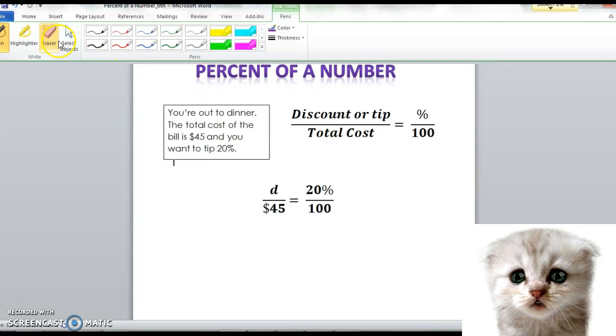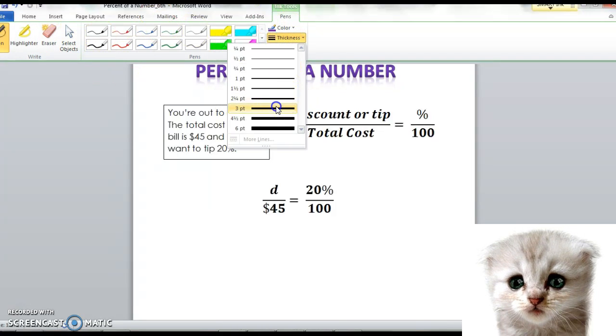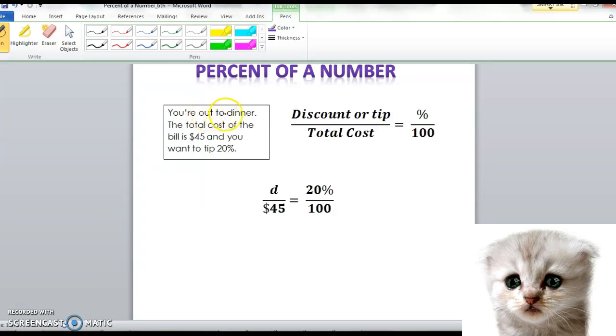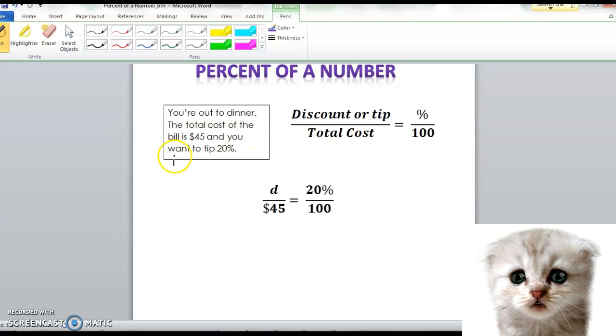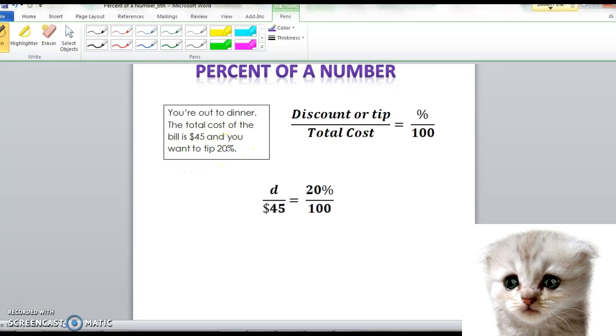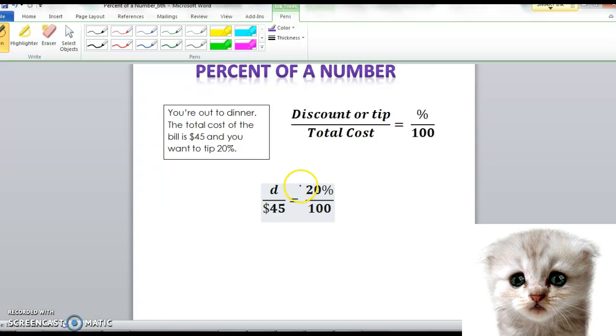In my example of my graphic organizer, it says you are out to dinner. The total cost of the bill is $45 and you want to tip 20%. So I set up my equation. $45 represents the total cost of the bill and 20% is how much I'm leaving for tip over 100.